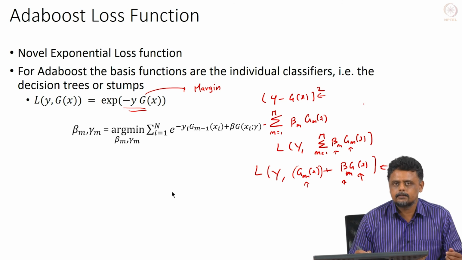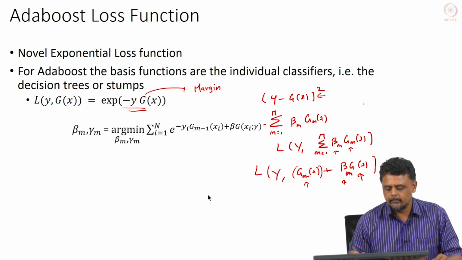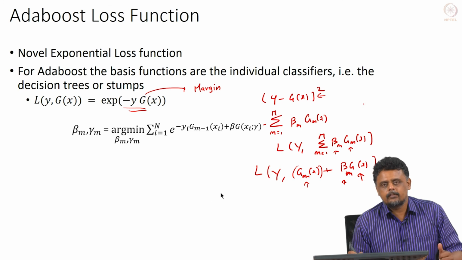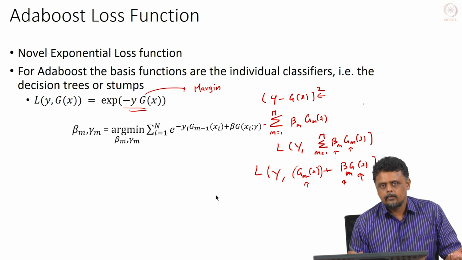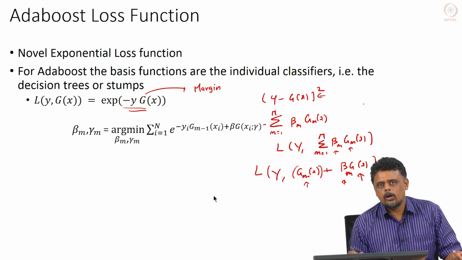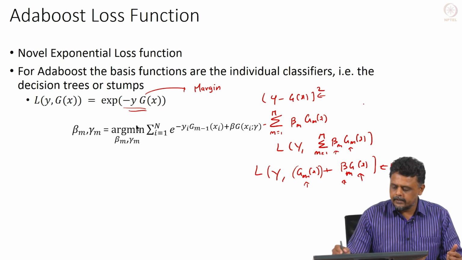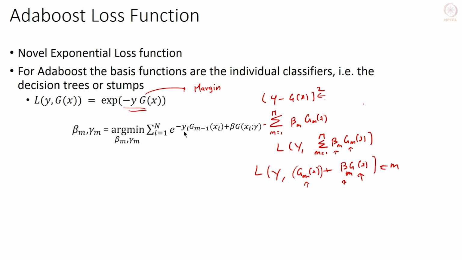The farther away it is, the worse the classification. For binary classification, g of x is the output of the classifier and your classes are -1 and 1. So, y times g of x will always be positive when your classifier is right and negative when it is not.